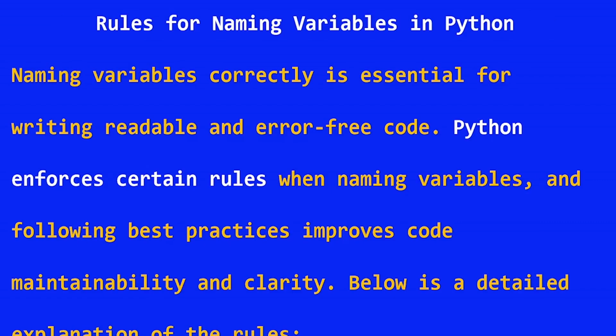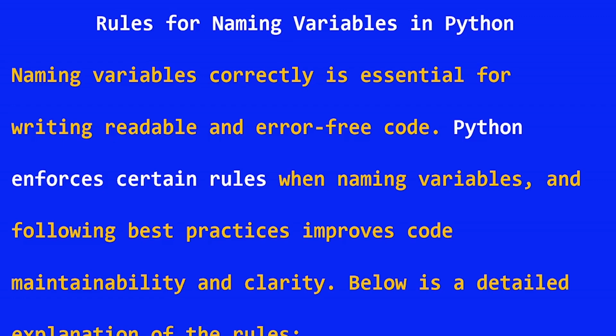So we have some rules for naming variables in Python. For example, if you are visiting a new country, you'll have to adhere to that country's rules and regulations. So with variables also, we're introducing variables inside a computer.